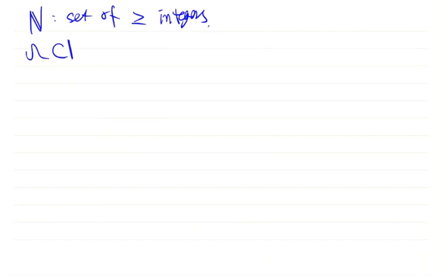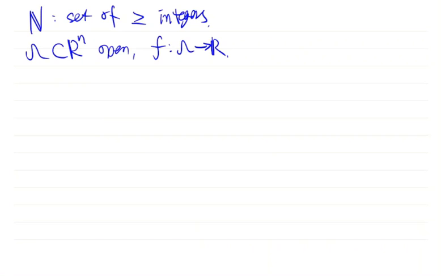Now we introduce a very useful notation. We use the capital N to denote the set of non-negative integers. Okay, and if omega is an open subset in Rn, and f is a function in omega.